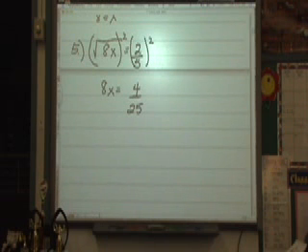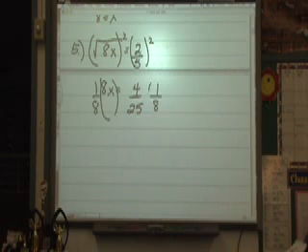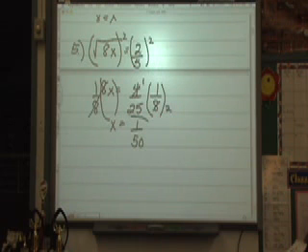For x, we could divide by 8 or take 1/8 of both sides. So that gives us x. Cancel. And that makes 1/50.